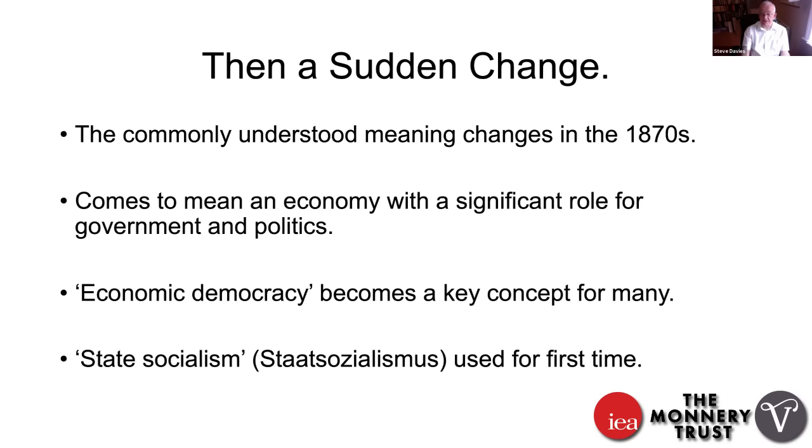You also get, in the 1870s, the first time ever that the term state socialism is used. And this is a sign of the idea that socialism is increasingly being associated with an active role for the state in the economy. The actual word that's used initially is Staatssozialismus, the German term. The reason why this is used is because the term Staatssozialismus is first used to describe the economic policy of this man.